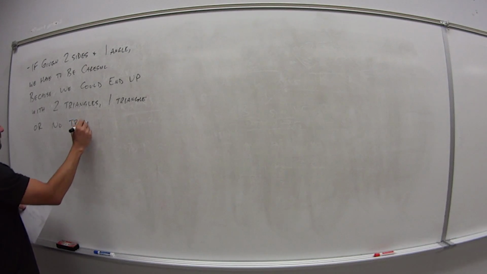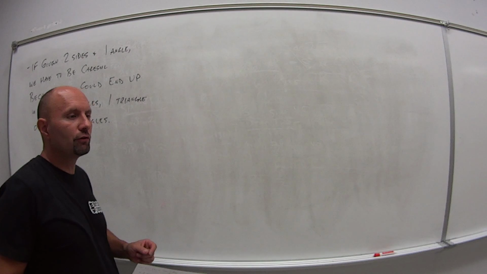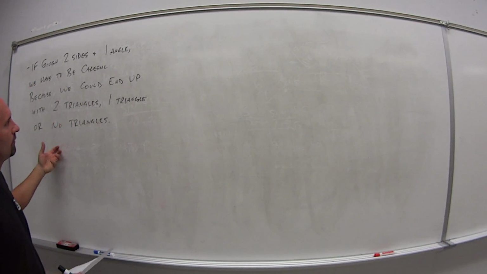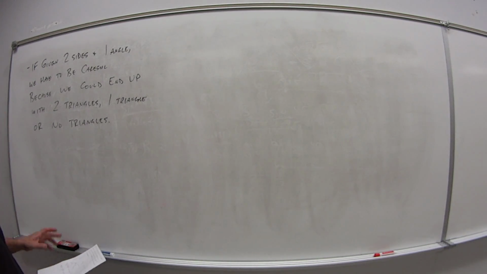So we could get mathematically values that work for using the law of sines, but if we tried to draw a triangle given our values, they wouldn't actually work to make a triangle.